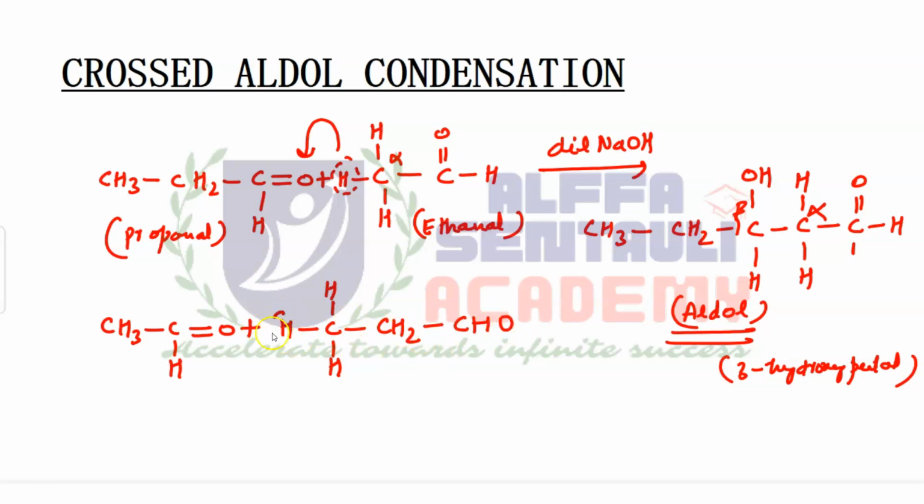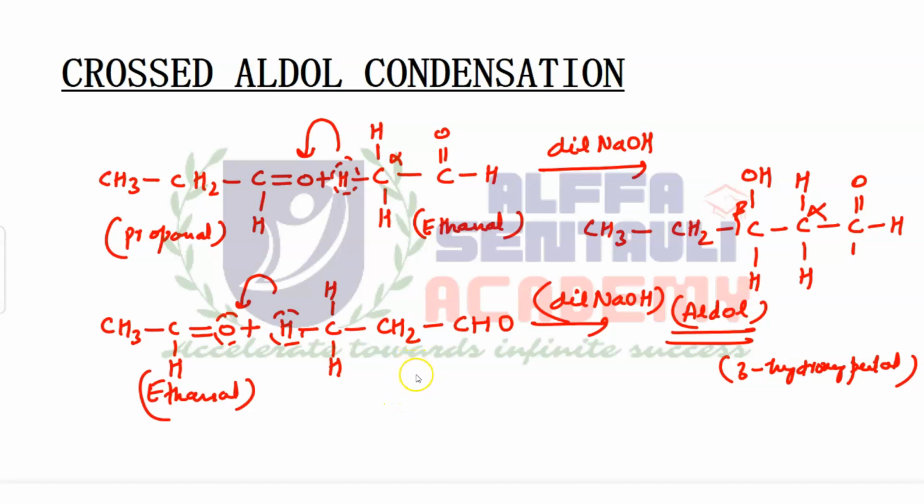Now the alpha carbon of this propanal will combine with the oxygen of this ethanal. So this is also one theoretical way of having a reaction like this, aldol condensation.